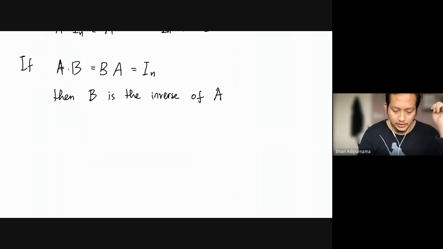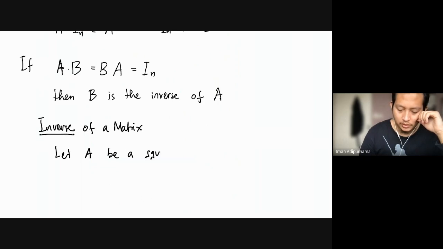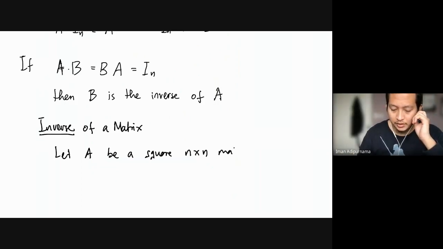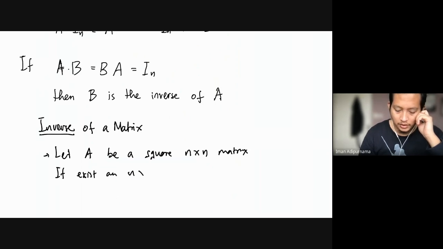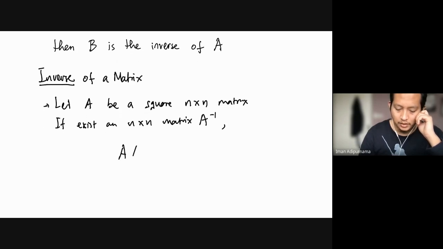So the inverse of a matrix: if we let A be a square n by n matrix, so the size of row and column should be the same, and if matrix A inverse exists, then the property should result in the identity.